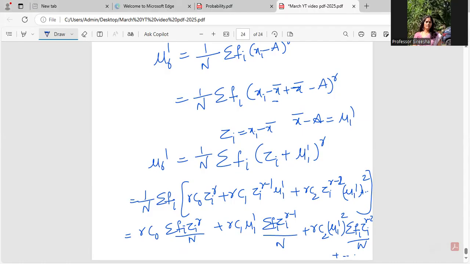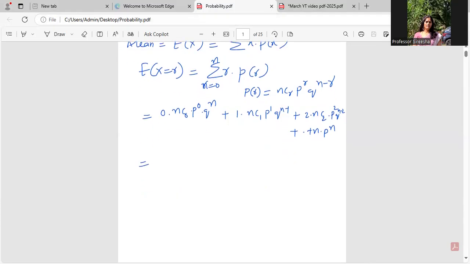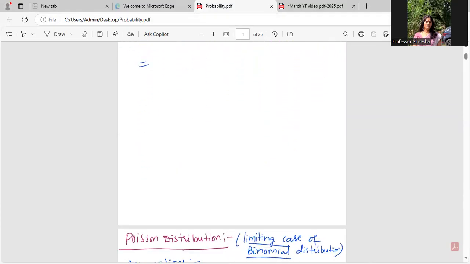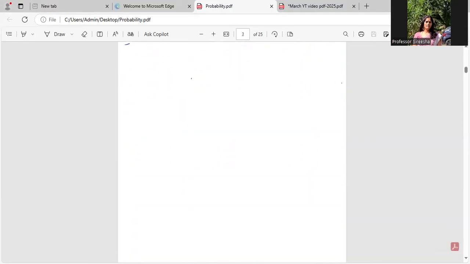So this is the formula. Now in this, I'll be inserting r is equal to 0, r is equal to 1 and all the things. Of course, 0 and 1 I have already calculated, so I'll be starting with r is equal to 2. I'll just show you.